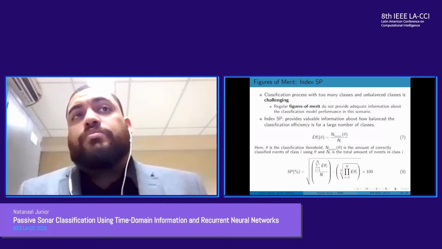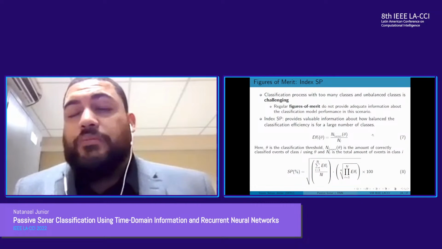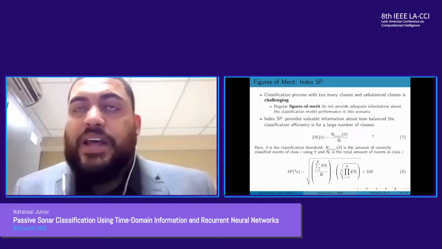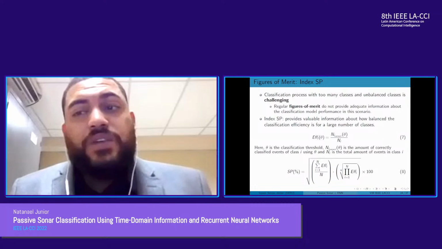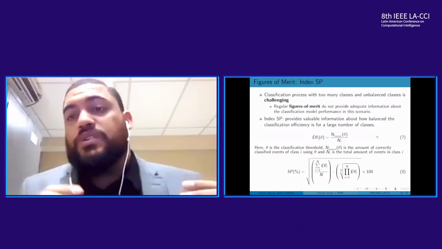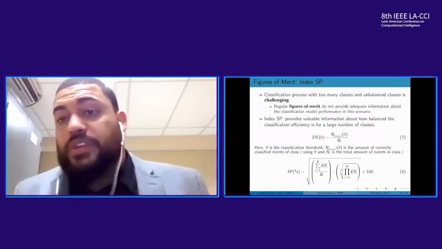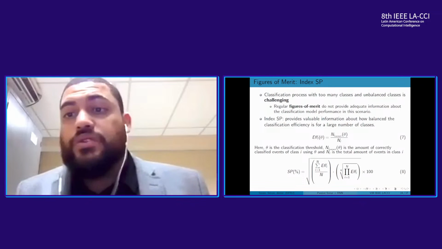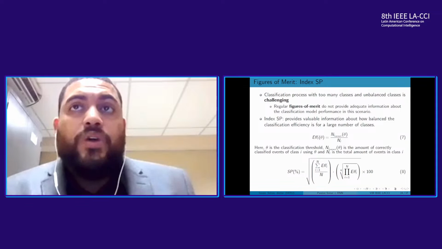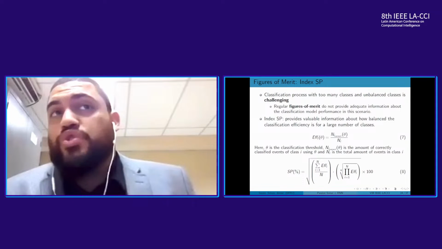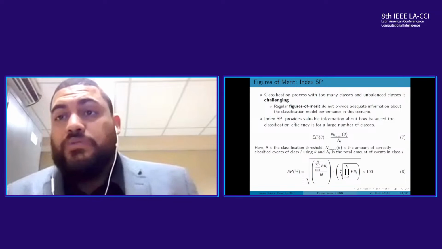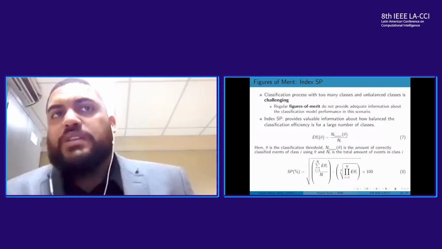So classification with many classes, as we have something around 20 classes, is a little bit difficult to evaluate, because if you have a lot of classes, accuracy can be misleading. One of these given classes can go down and accuracy will not sense it, because it is not sensitive when we have a lot of classes. So we tried to evaluate this model's behavior with a different metric here.